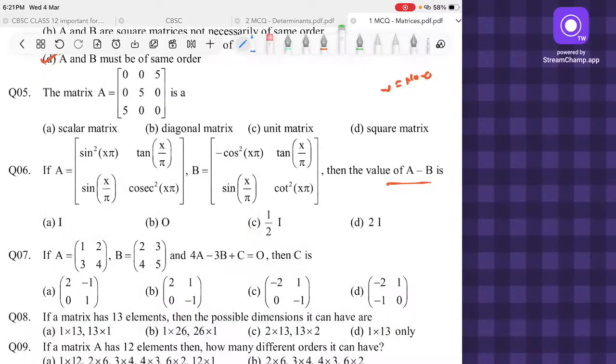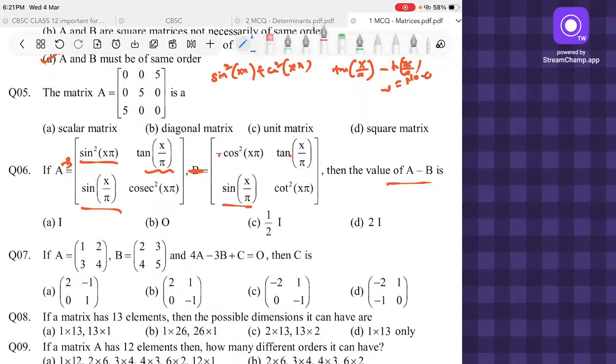If you take the minuses directly, I will take it here directly. A minus B: minus into minus is plus, we get the first position is sin square x pi plus cos square x pi. Next this is tan x pi minus tan x pi. Then this we get sin x by pi minus sin x by pi.